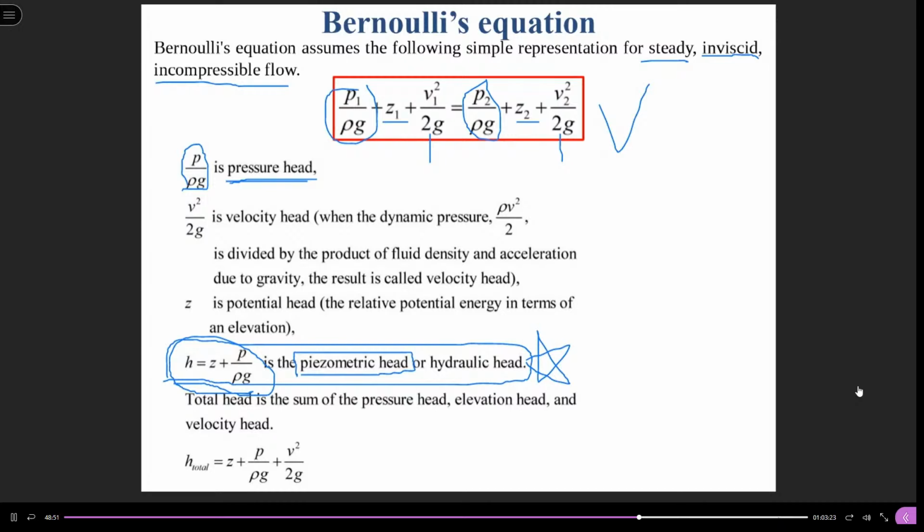It can be calculated by this equation. It also means the Bernoulli's equation expresses that the energy for a steady inviscid incompressible flow is constant.